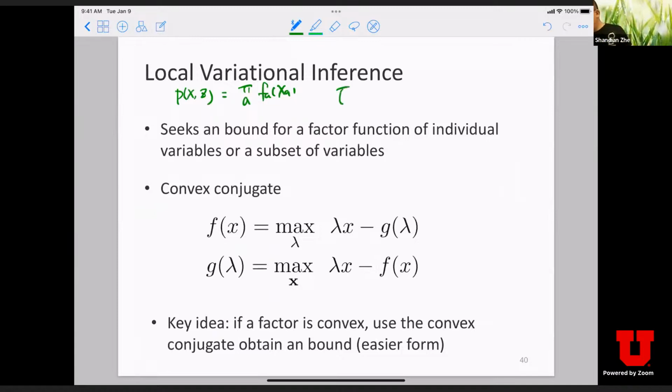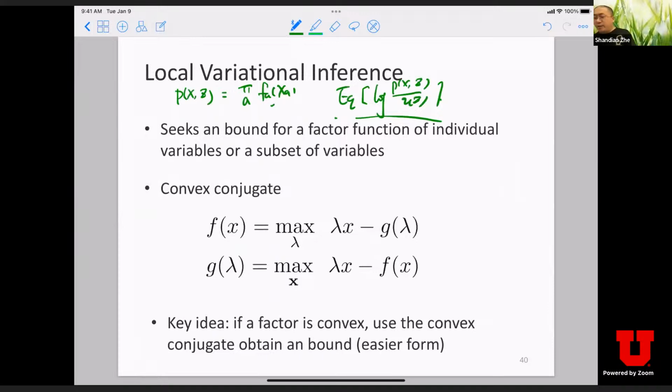And we know this is the global variational inference. Sometimes even maximizing this is very hard, partly because many factors in this joint distribution are tricky and complex, making the whole optimization difficult.